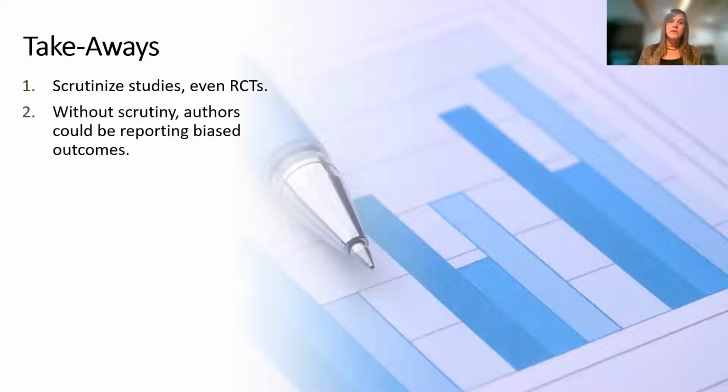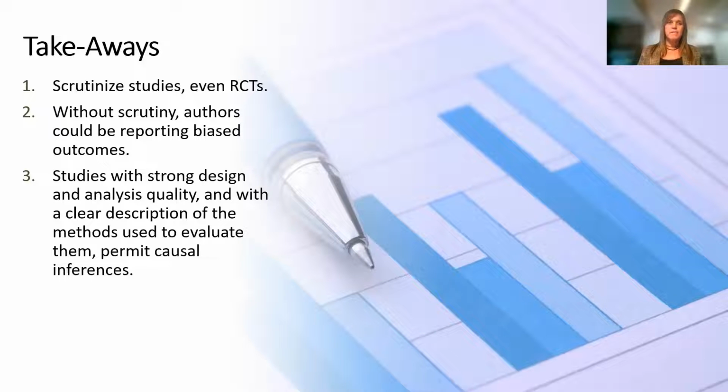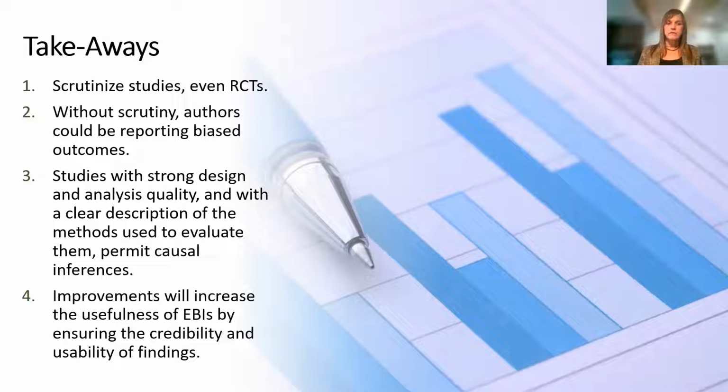The second is, without this scrutiny, authors could be reporting biased outcomes. Only studies with strong design and analysis quality and a clear description of the method used to evaluate them permit causal inferences. And by improving upon how we design studies, analyze information, and report on results, we actually can improve the usefulness of these evidence-based interventions.